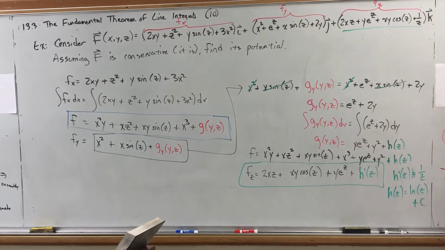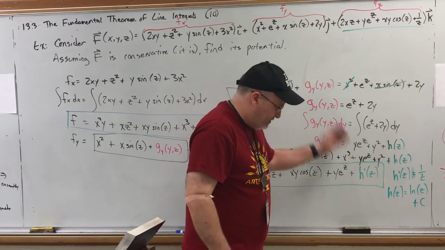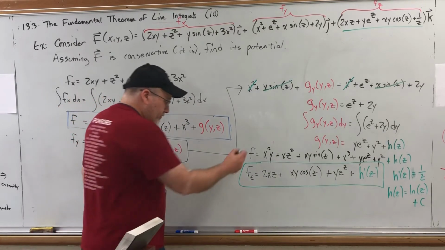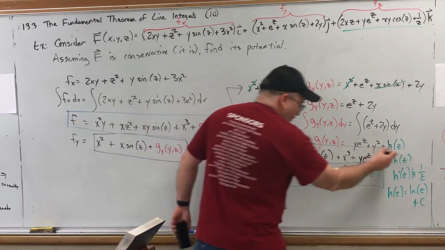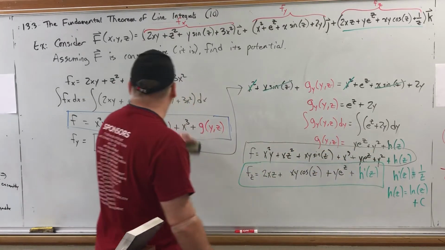I know this is a big mess. I really wish I had more room to go straight down without having to go over and sideways and in corners and stuff. But if we put it all together, our function is hiding right here. And the only missing piece is the h of z, which we just found.